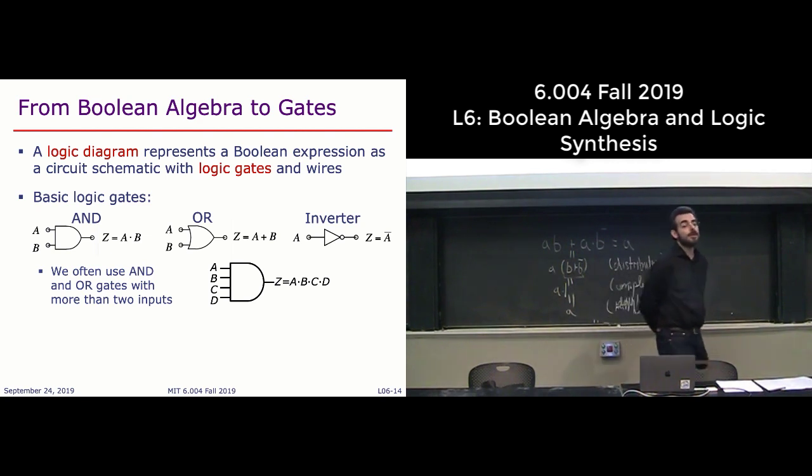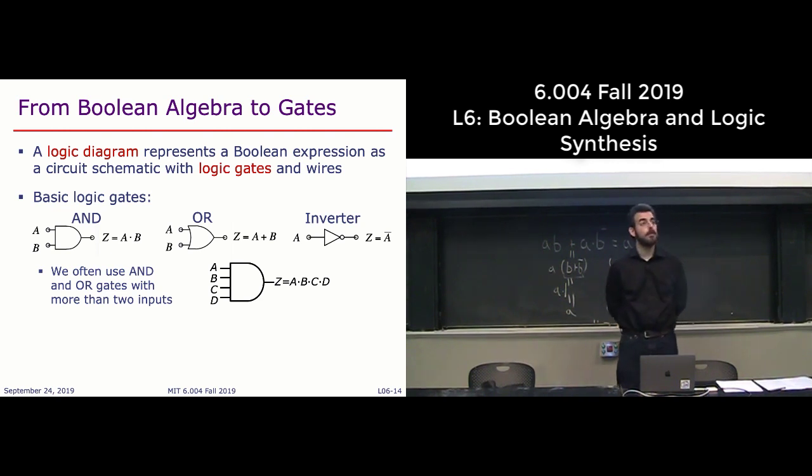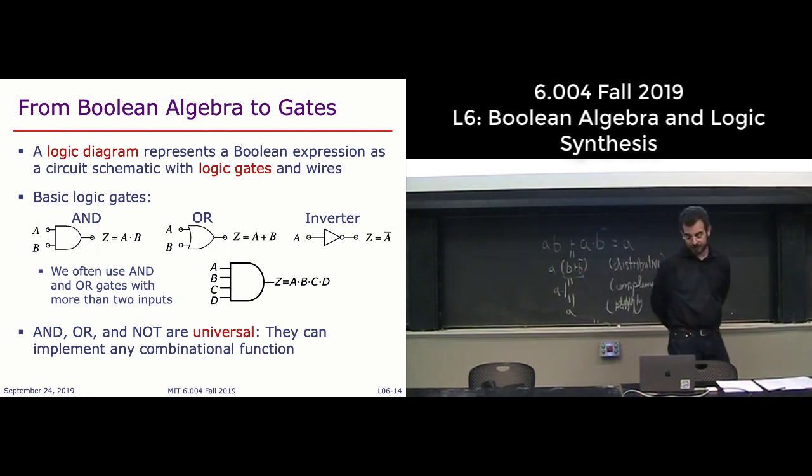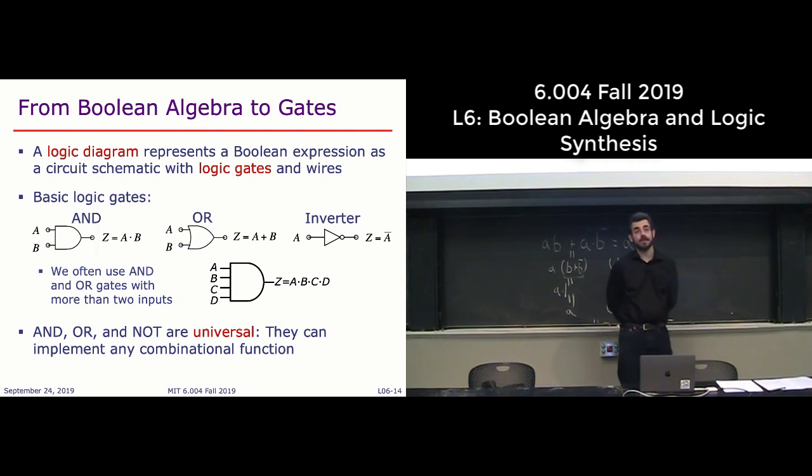Now, these are 2 input gates, but we often use gates with more than 2 inputs. So here's an AND gate with 4 inputs that outputs 1 only when A and B and C and D are all 1. And then, one interesting property is that AND, OR, and NOT are universal. They can implement any combinational circuit.